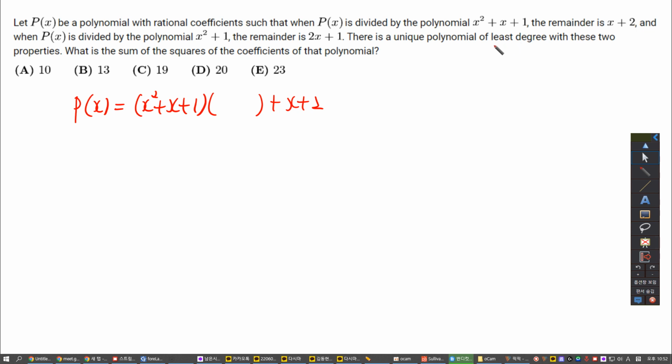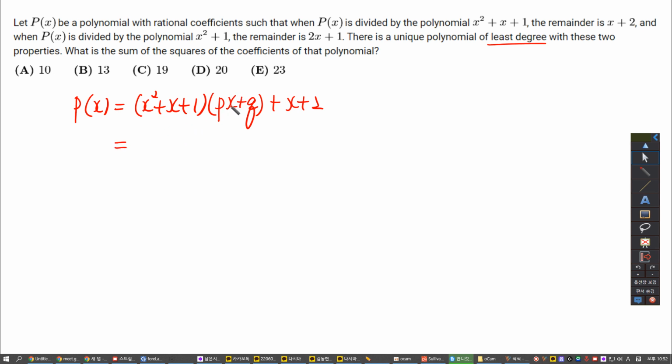But we want to find the polynomial of least degree. So to have the least degree, we can start with the linear function, something like this. That makes the degree the smallest. We can even think of the constant, but that doesn't make sense for the second condition. So we can start with the linear function.